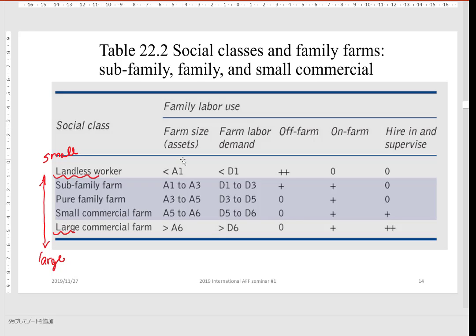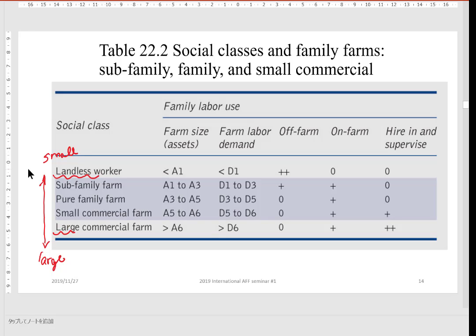Maybe it doesn't matter, so don't consider the number of family members. But we want to see the demand side as a household.